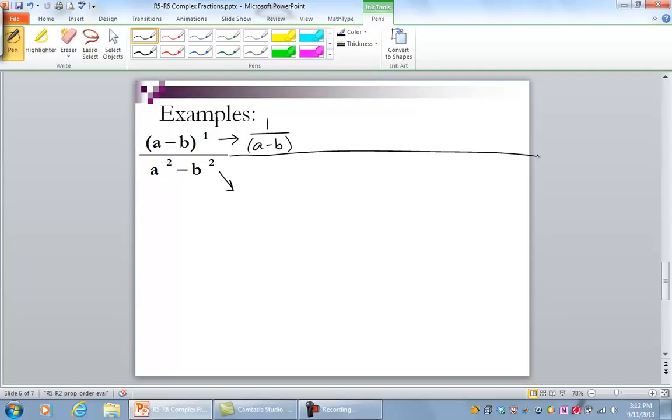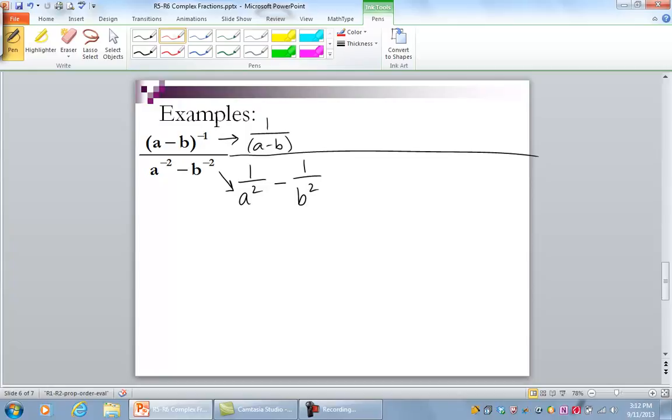Keep my little bar. All right, a to the -2. Again, we're going to make that 1 over a to the +2. Keep the minus sign in the middle. And b to the -2 just means 1 over b squared. And then we're going to have to do our common denominator business with the denominator here.